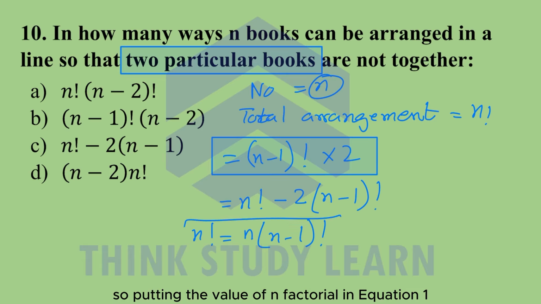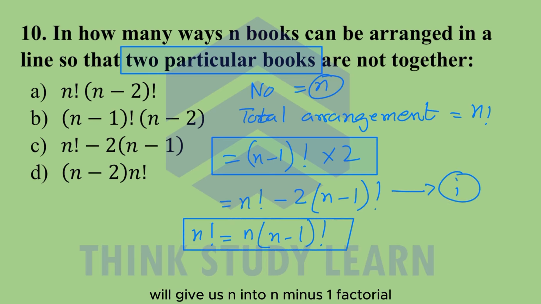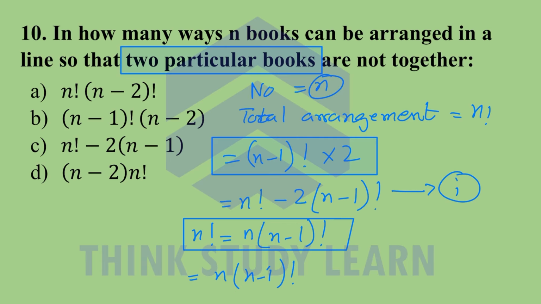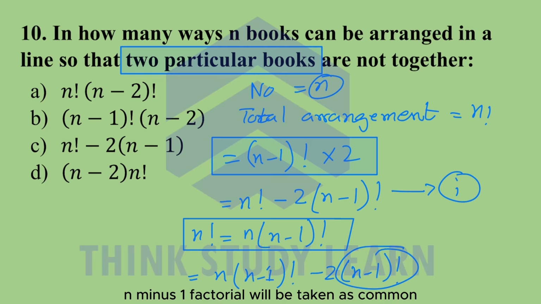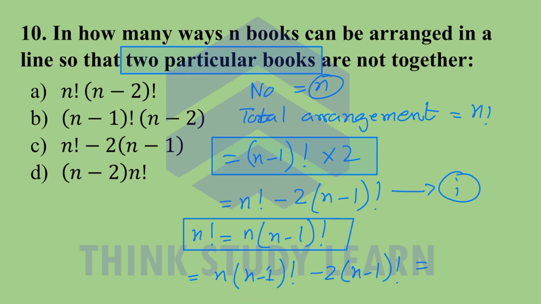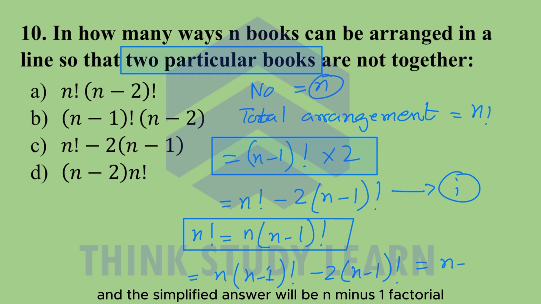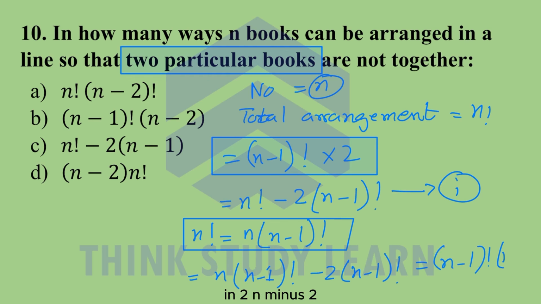So putting the value of n factorial in equation 1 will give us n into (n minus 1) factorial minus 2 into (n minus 1) factorial. (n minus 1) factorial will be taken as common, and the simplified answer will be (n minus 1) factorial into (n minus 2). So B option is the right answer.